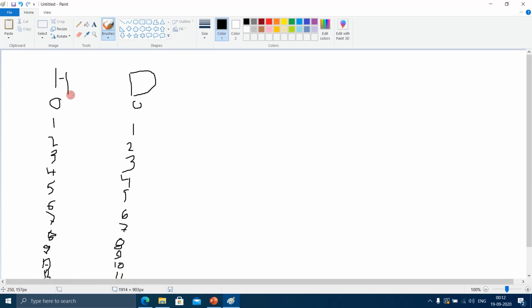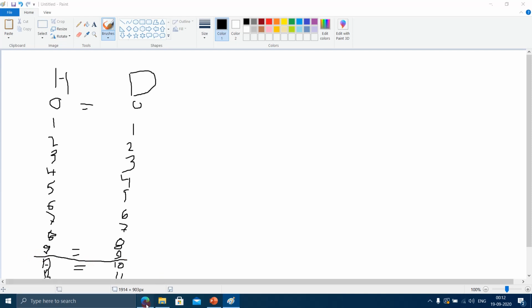So when you compare the hexadecimal number and the decimal number, the values from 0 till 9 are the same. Then hexadecimal A, when converted into decimal, is equal to 10. So till 9, hexadecimal and decimal numbers are the same.